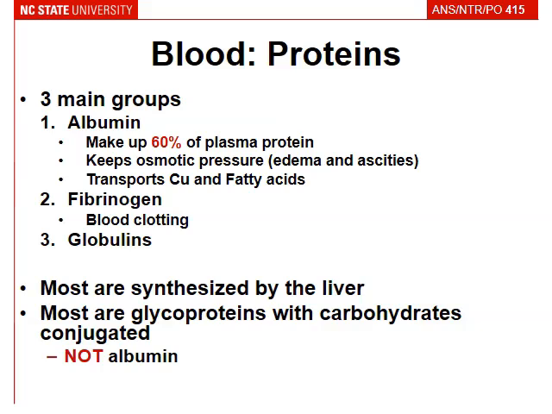So before we can really talk about the nutrients, we need to talk about what blood is. So what are some of the blood proteins that we're referring to? We have three main groups. The first group is albumin, the protein that makes up about 60% of the plasma protein. It is responsible for keeping the osmotic pressure.